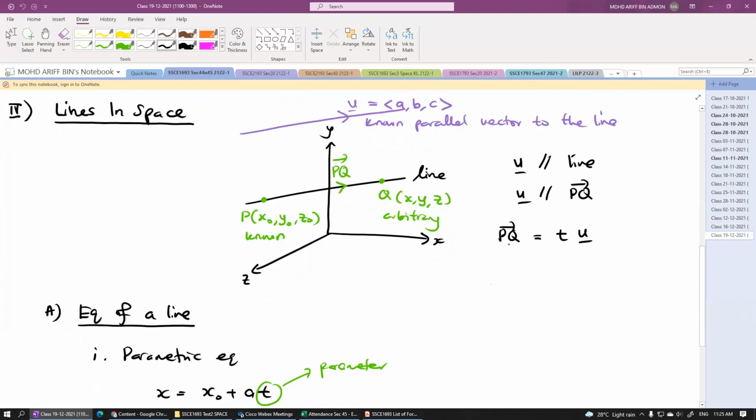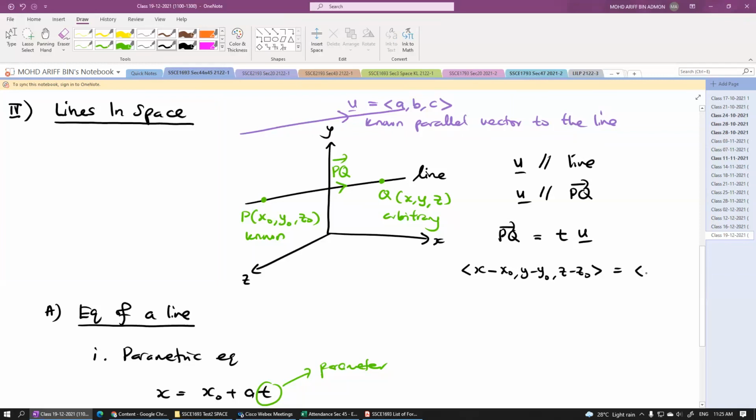So what is our PQ? PQ is a vector, so you just find it from Q minus P: x minus x naught, y minus y naught, z minus z naught. Since u is (a, b, c), multiplied by t, you get here at, bt, and ct.